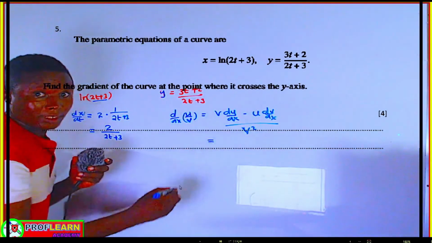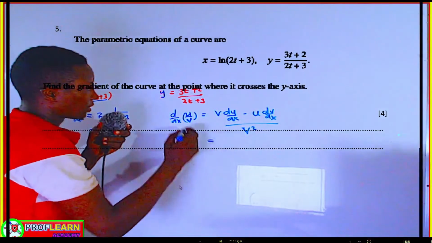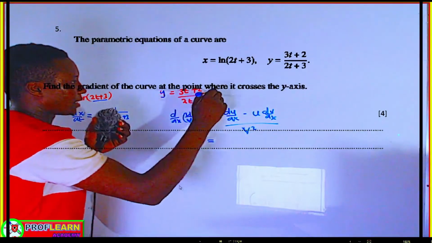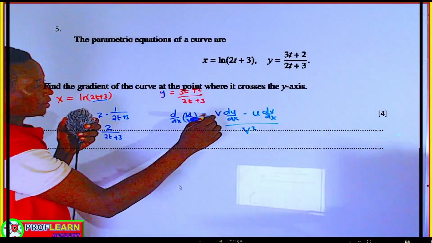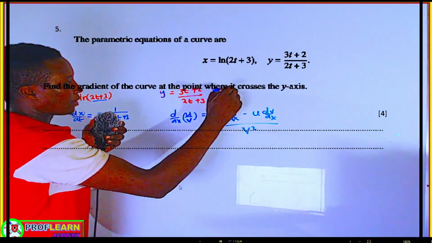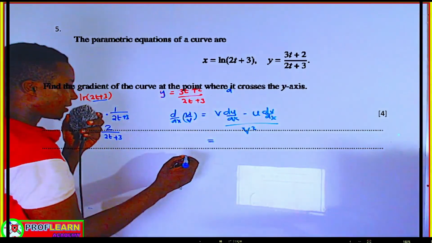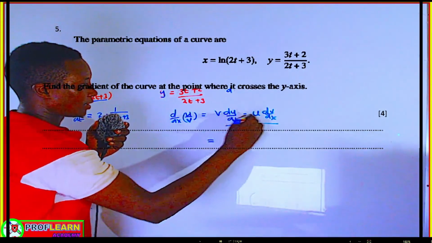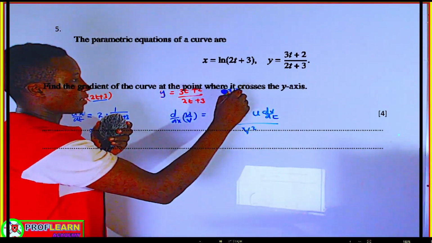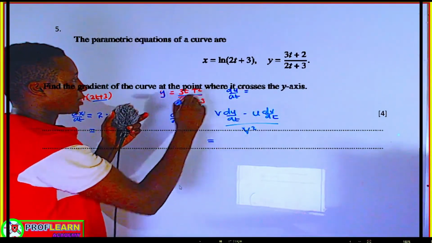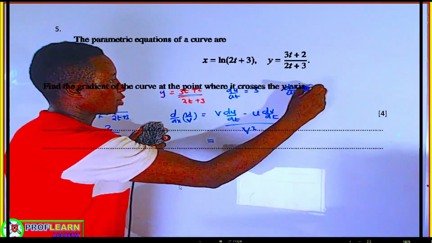So that will mean that, differentiating this, let us first work out du dt. We use t because the parameter is t. Our u is the top part, so du dt is going to be 3, and dv dt is going to be 2.